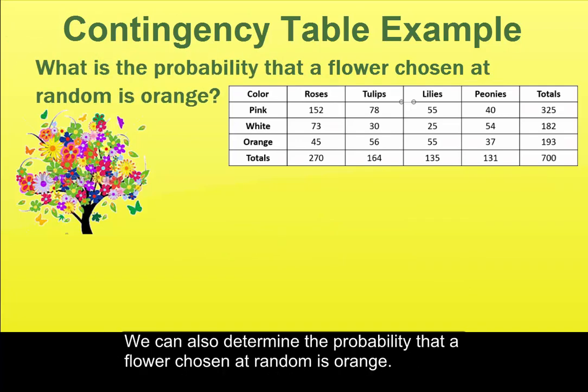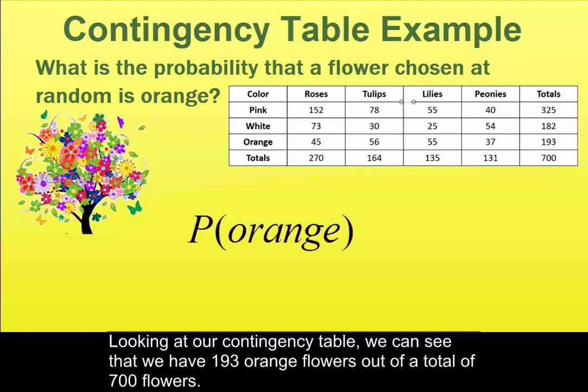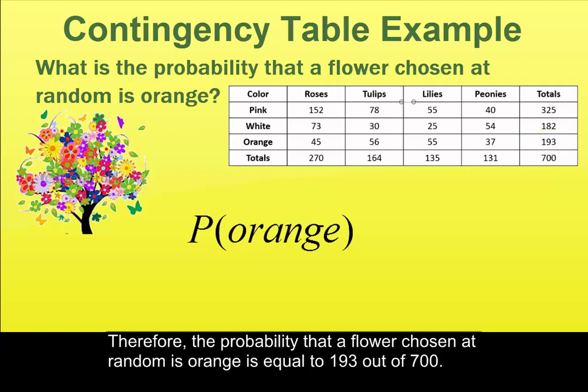We can also determine the probability that a flower chosen at random is orange. So here we're looking for the probability that the flower is orange. Looking at our contingency table, we can see that we have 193 orange flowers out of the total of 700 flowers. Therefore, the probability that a flower chosen at random is orange is equal to 193 out of 700.